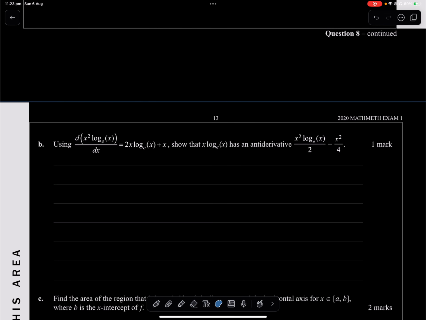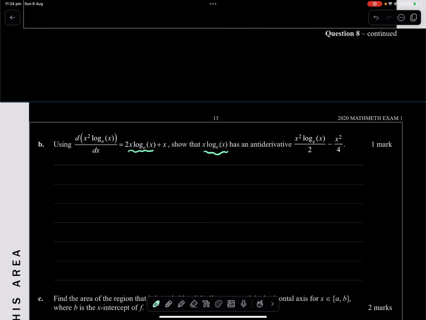Using dy dx, this looks like straight away a recognition integration. So using dy dx, this shows that x log x has an antiderivative of this. What we want is just this value over here.